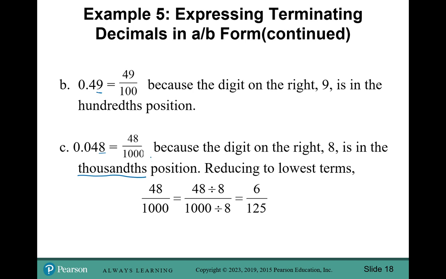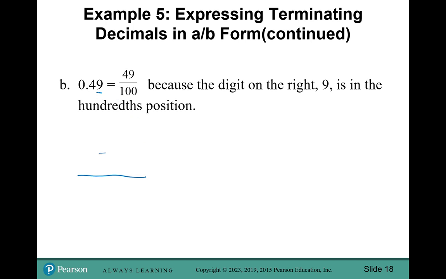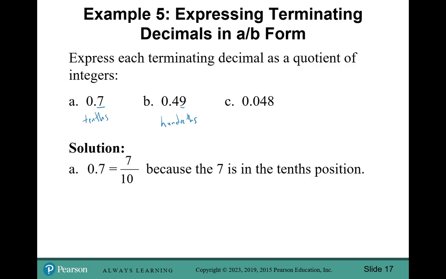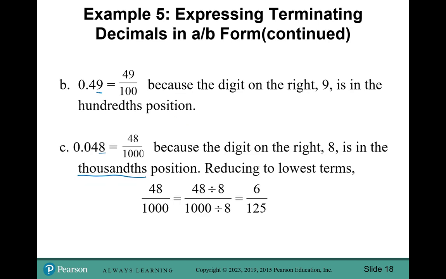But unlike the two previous answers in A and B, A was 7 over 10, which does not reduce. So we were at a complete reduction there in lowest terms. 49 over 100 also does not reduce. So we were in lowest terms there. However, 48 over 1,000 can be reduced.